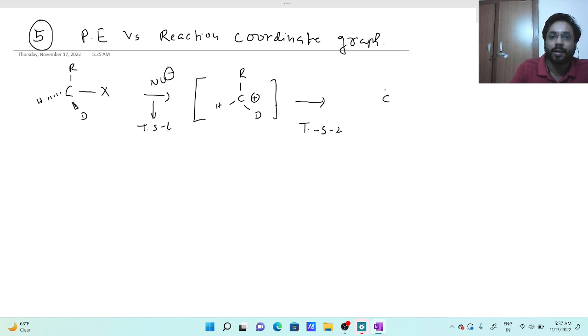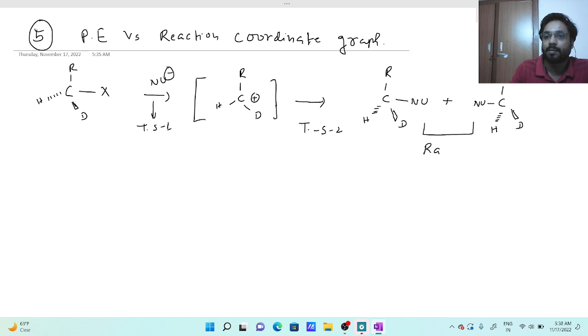I'm writing the product as R, the nucleophile, D, and hydrogen, plus the inverted product. This is nothing but a racemic mixture.